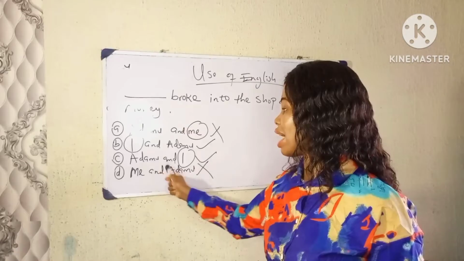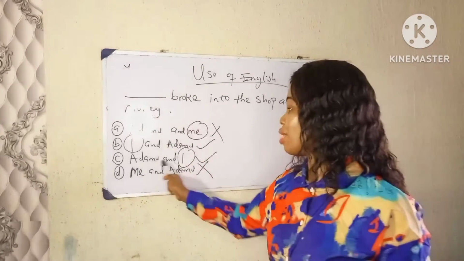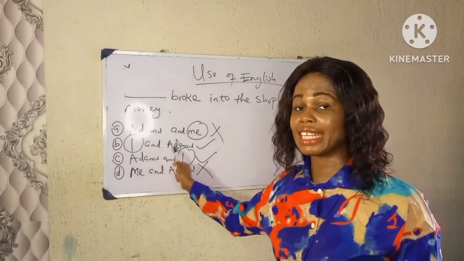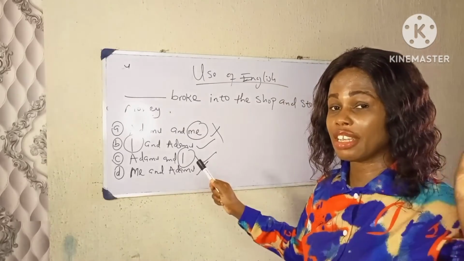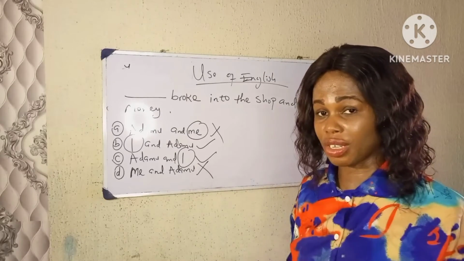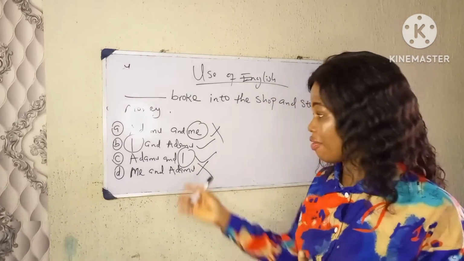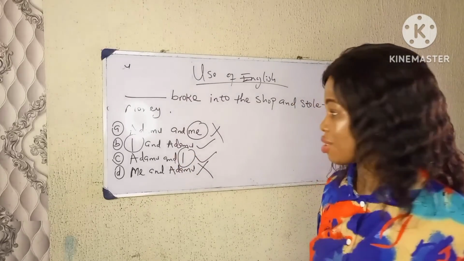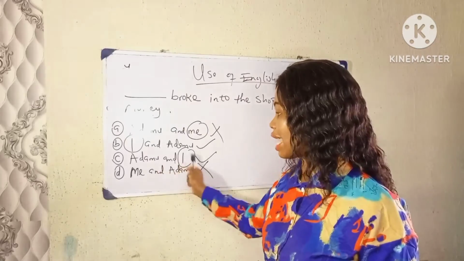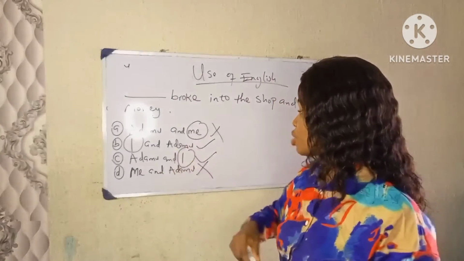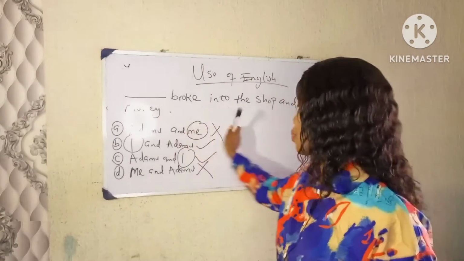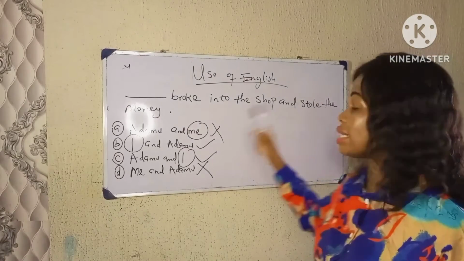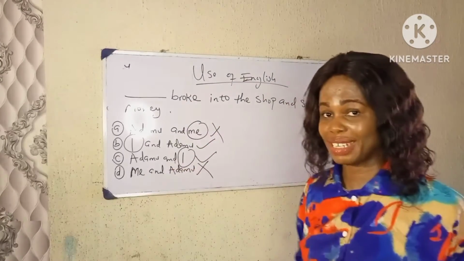Adamu and I, not I and Adamu. So you say Adamu and I. So option C is the correct answer. Adamu and I broke into the shop and stole the money. Okay, I didn't steal any money.